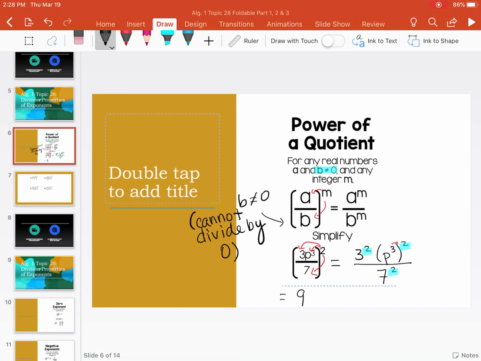So 3 times 2 gets us p to the 6th, and then 7 squared is 49. Now if our coefficients, our 9 and our 49, could simplify or reduce, here's where we would do so. Unfortunately, 9 does not go into 49 evenly, so we cannot simplify this. This is as far as it goes.